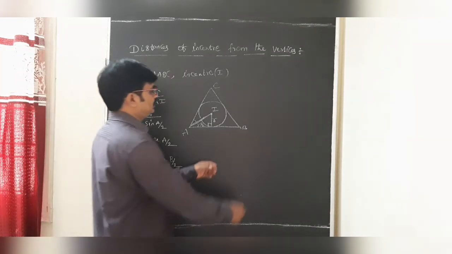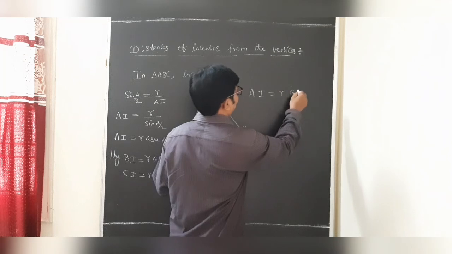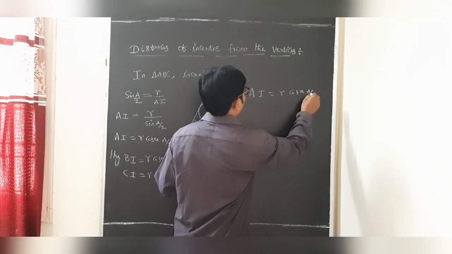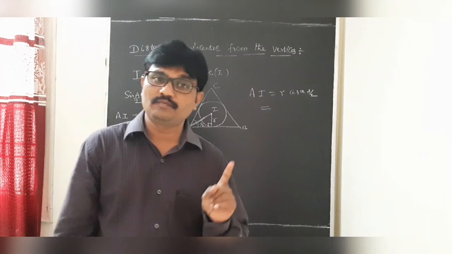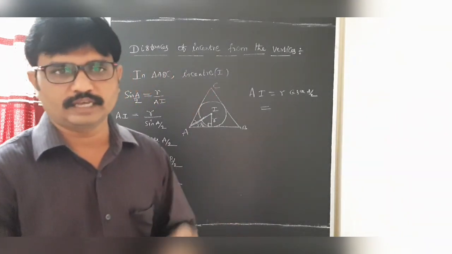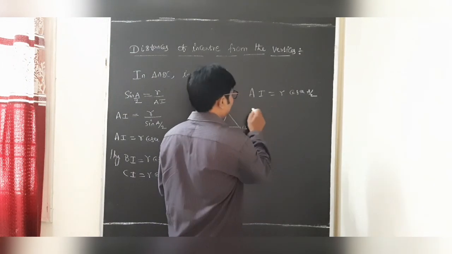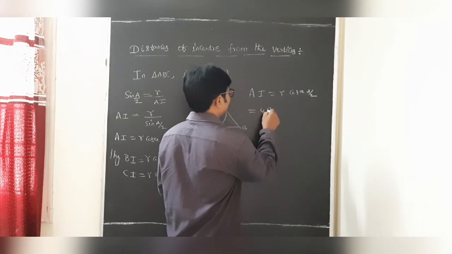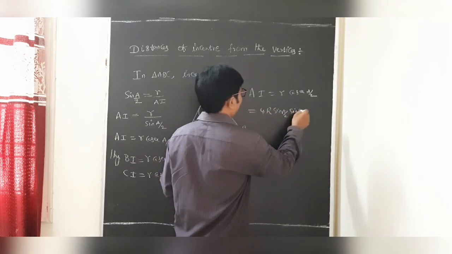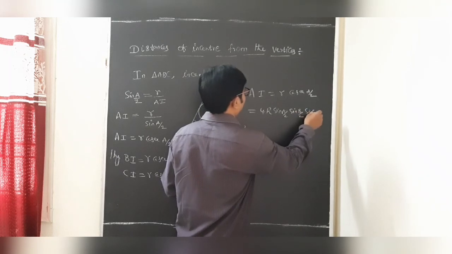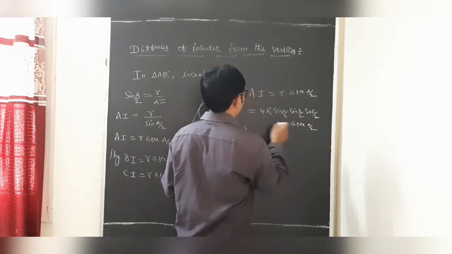And one more thing, students, we have AI equals r into cosecant of A by 2. Here, small r is 4R sin A by 2 into sin B by 2 into sin C by 2. So AI equals 4R sine of A by 2 into sine B by 2 into sine C by 2 into cosecant of A by 2.